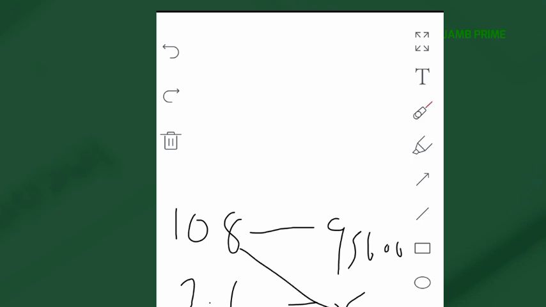You now cross multiply: 3.6 times 96500 equals 108 times x, which gives 108x.